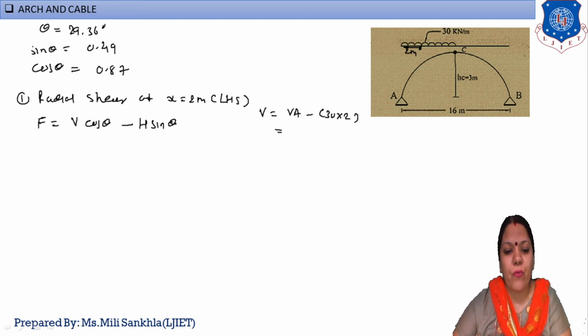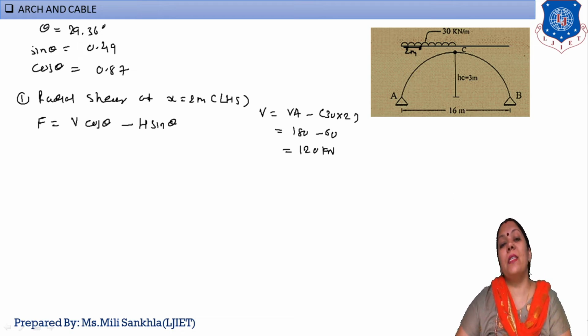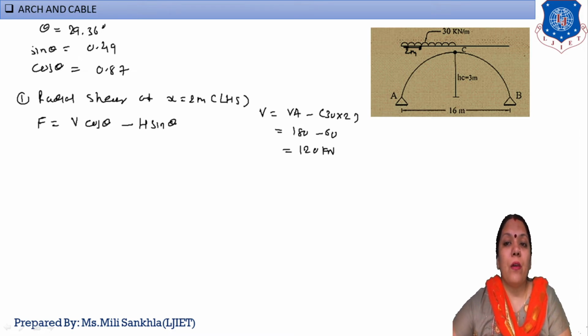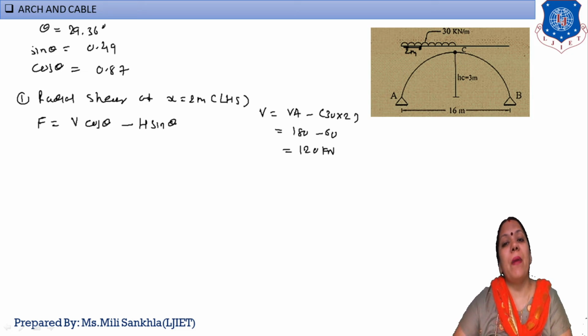Now answer of VA is equal to 180 minus 60 is equal to 120 kilonewton. Please take care guys, if UDL load is given, effect of this UDL load is entire span. So if our section is within this load, then we compulsory minus this downward load from upward to balance vertical forces. Okay, so 180 minus this downward load is equal to 30 into 2, 60, that is equal to 120.